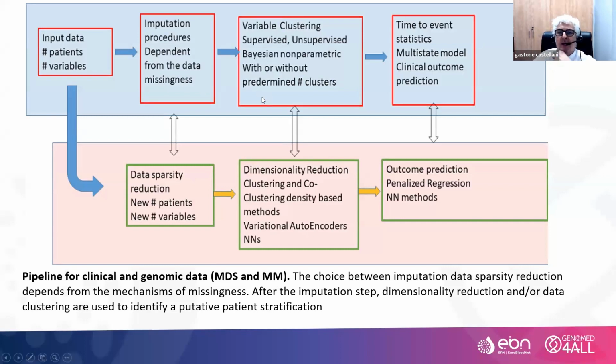So let me just describe the most important step. One of the most important steps, in my opinion, is the dimensionality reduction. Because if you want to use also a simple model, a logistic regression or a perceptron or a simple artificial intelligence model, you have to reduce the complexity of the data.